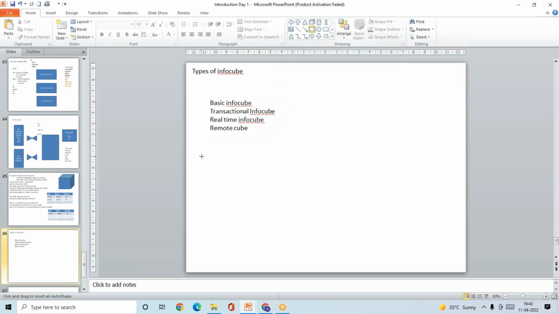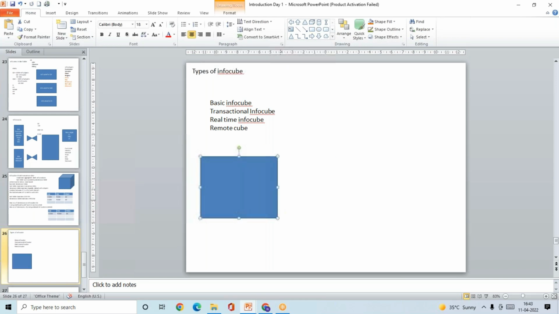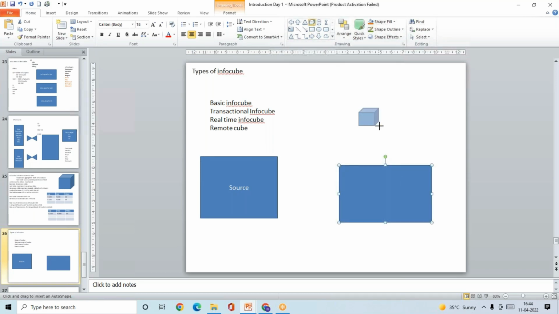suppose I have a source, and this is my BW system. Within the BW system, I have info cube. In a real-time environment, we have to load the data from the source system to your BW system.